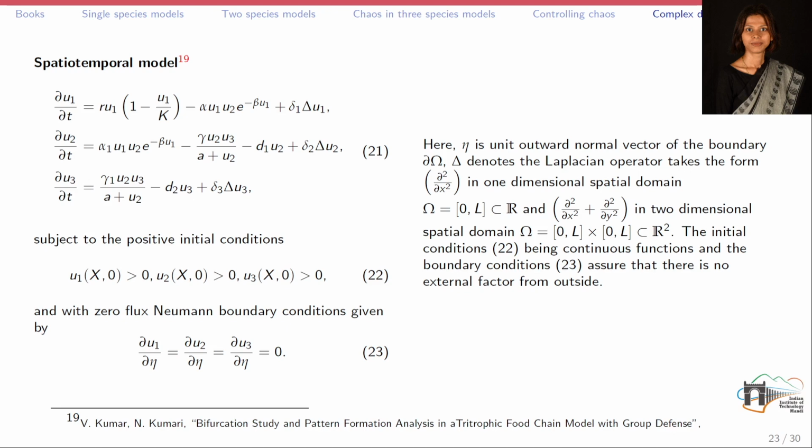This is another research goal in many ecological studies. So we consider a positive initial condition and zero flux boundary condition for studying this spatially extended mathematical model. The domain that we considered was a square domain in R2, that is 0 to L cross 0 to L.